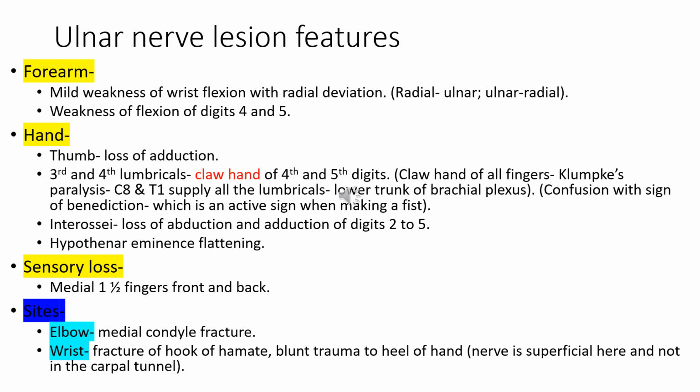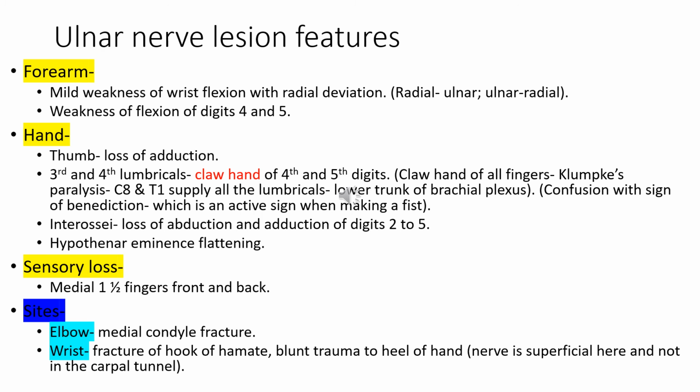In fact, radial deviation during wrist flexion means ulnar nerve affected, and ulnar deviation during wrist flexion means radial nerve affection. There will be weakness of flexion of digits 4 and 5, which are supplied by the flexors I mentioned.